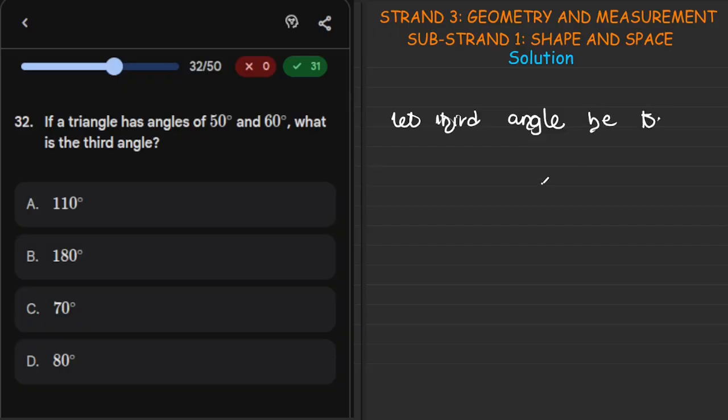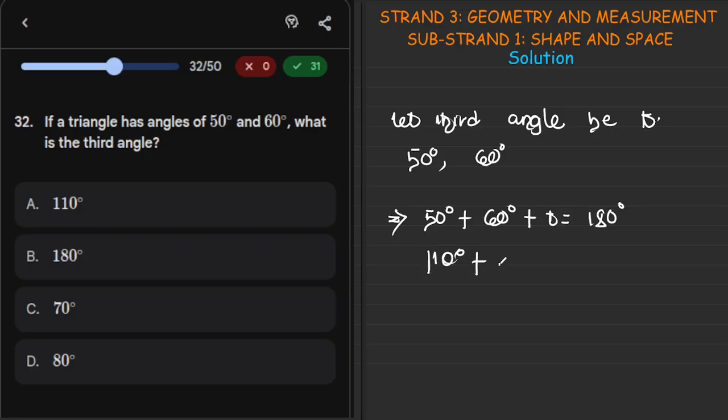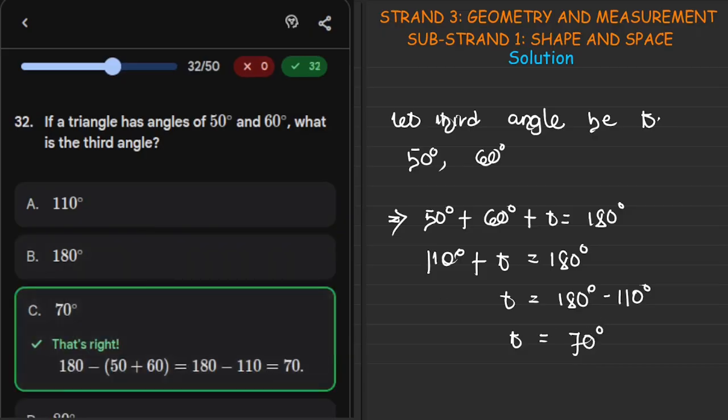So let's just let it be T. If the others are 50 degrees and 60 degrees, then if we add all of them, 50 degrees plus 60 degrees and then T, we're supposed to get 180 degrees. 50 plus 60 gives us 110, plus our T should give us 180 degrees. So our T is equal to 180 degrees minus 110 degrees. So subtracting, we have what? 70 degrees.